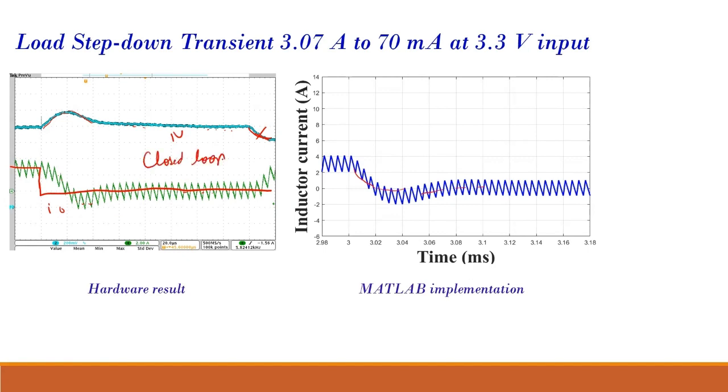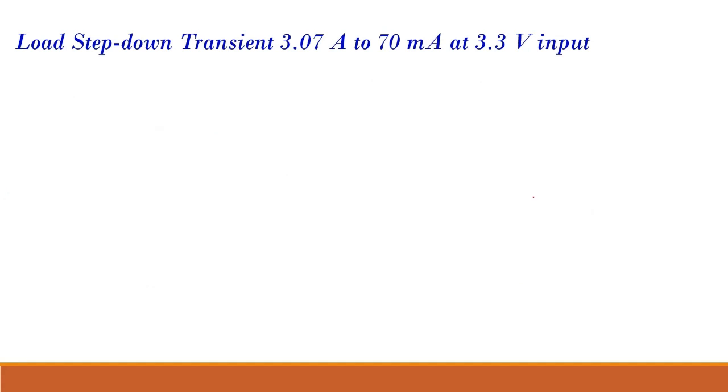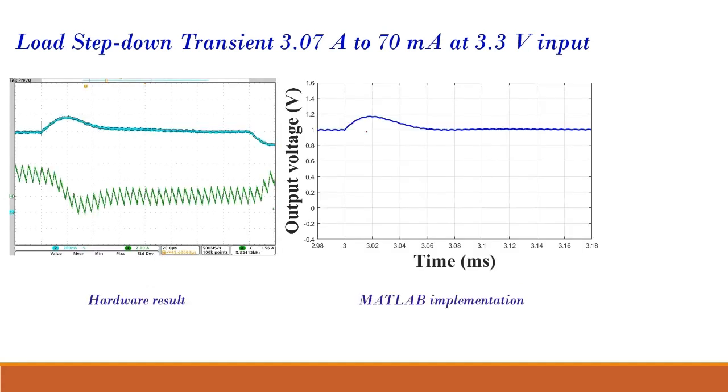Okay, so this is the MATLAB simulation result of the step down, where the inductor current is shown over here. And this is for the output voltage, how there's an overshoot. Because your load current has reduced, but your inductor current does not instantaneously reduce.